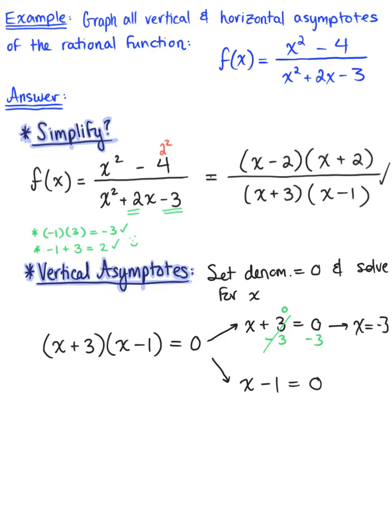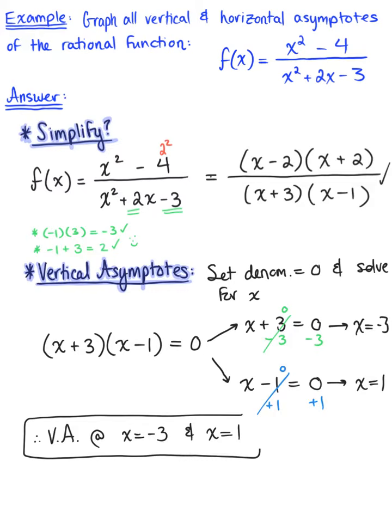In case number 2, to isolate x, we add 1 to both sides. Minus 1 plus 1 cancels to 0, leaving us with x is equal to 1. And so we've done it. Woohoo! Therefore, this function has two vertical asymptotes at the vertical lines where x is equal to negative 3 and where x is equal to 1.